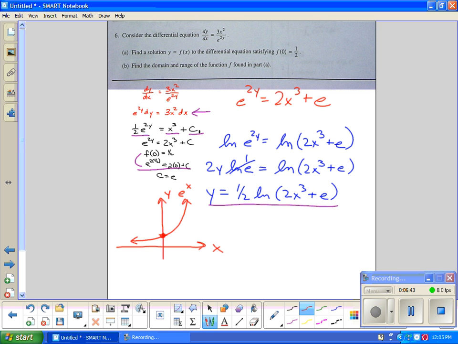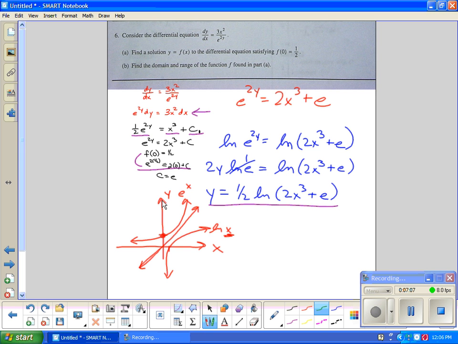And then I will think of reflecting that. And here is ln x. What's the half do? The half just stretches it. Do you guys agree? Moves it up and down. But we know that when you have this value, you have to be a positive number. So a log has to have a positive number here.